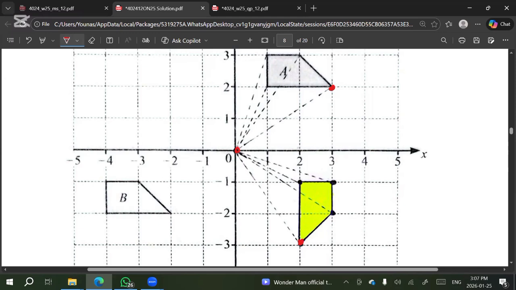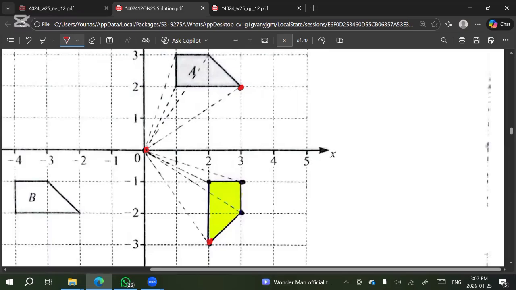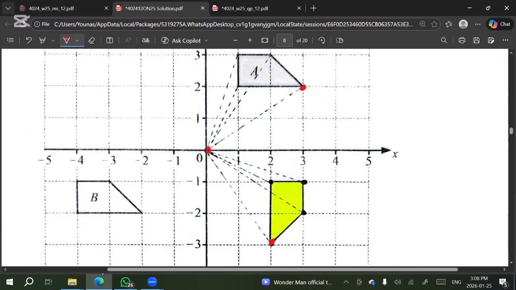Then I join this point with the center of rotation, mark the 90 degrees, and whatever is the distance between the center of rotation and this point, I take the same distance here. In this way, I move all 4 points. So this is how you will rotate the image. This will be the image which I have shaded in yellow. This is the image which you will get.